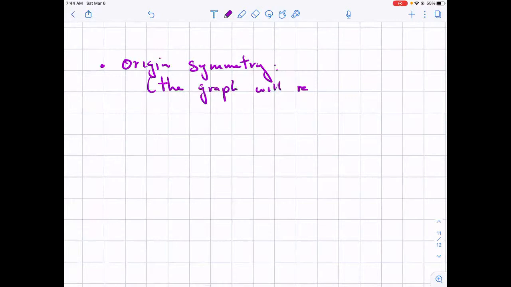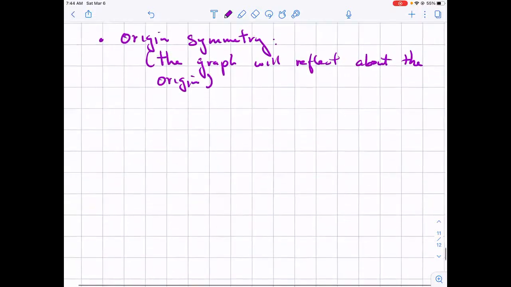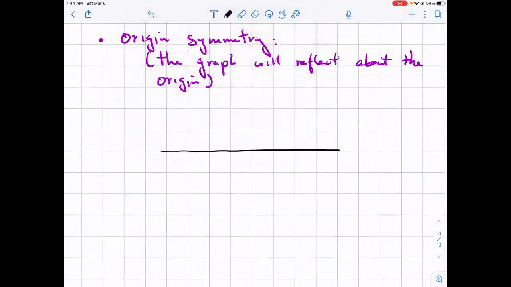An example of such a graph is this graph here.